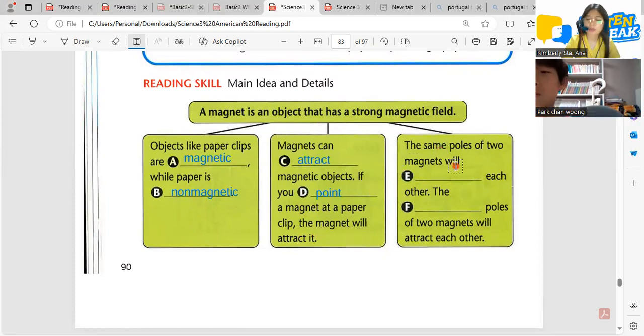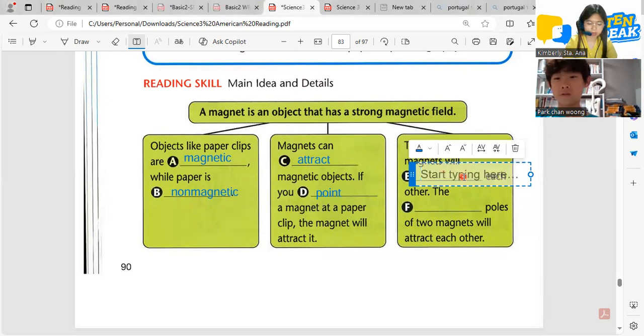The same poles of two magnets will repel each other.